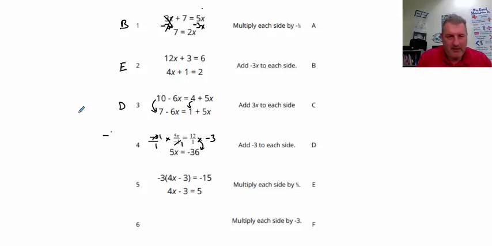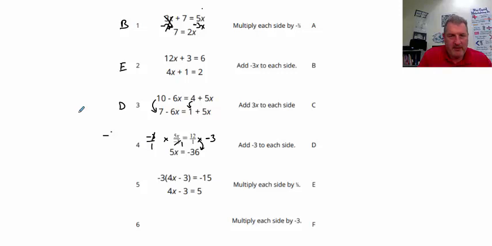And then negative 1 times negative 1, 1 times 1 is 1. So this is multiplying by negative 3. I can't read my writing there. That's what happened. Let's see. We are multiplying by negative 3 over 1. There we go. That's clear.